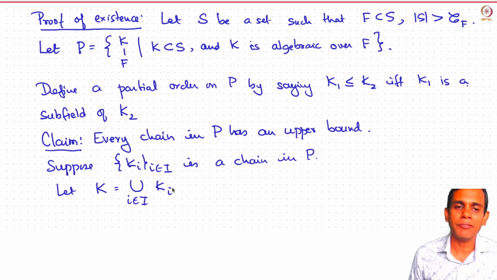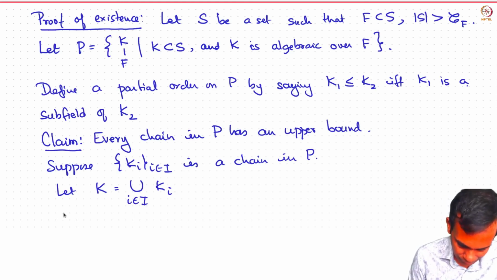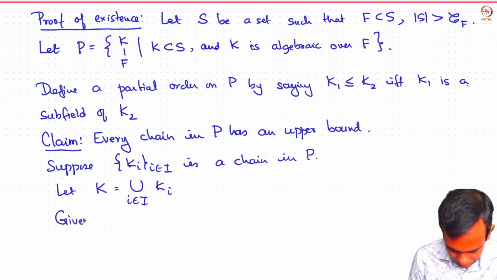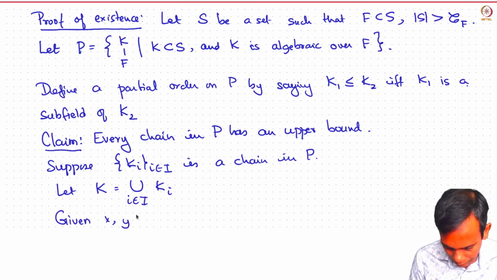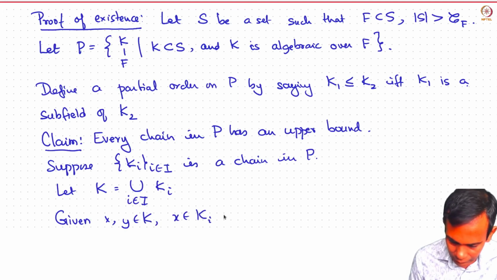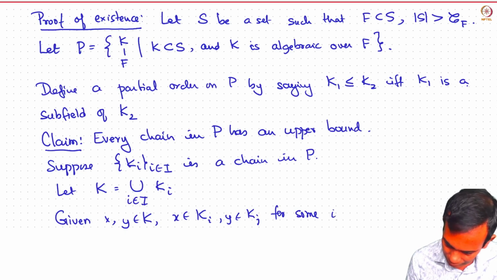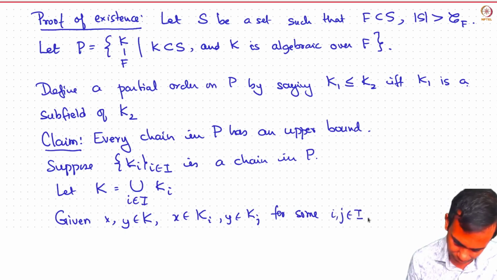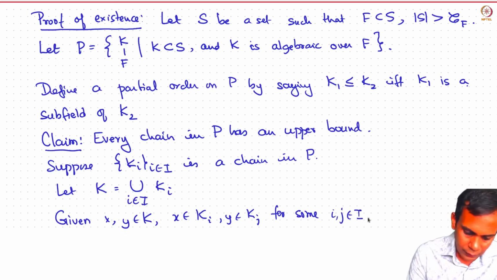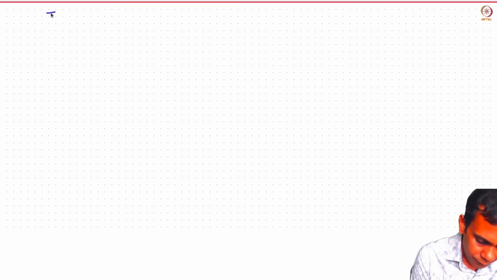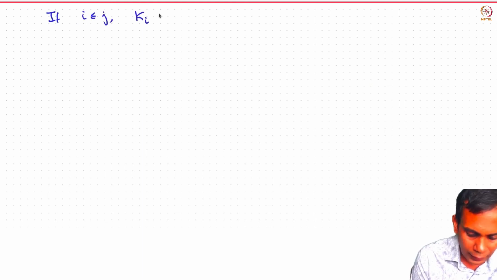I will define a field structure on K. So given x and y in K, we have x belongs to Ki, y belongs to Kj for some i, j in I. Now if i is less than or equal to j, then Ki is contained in Kj.